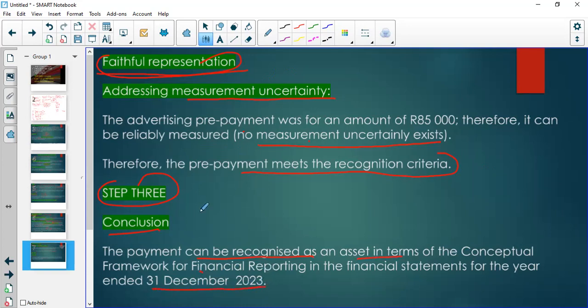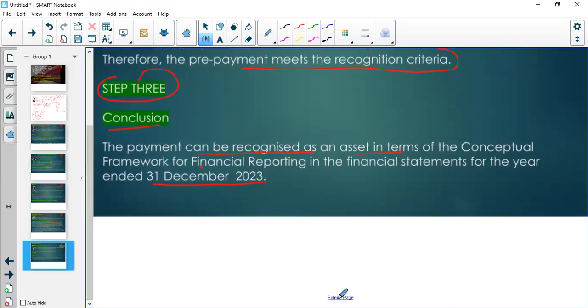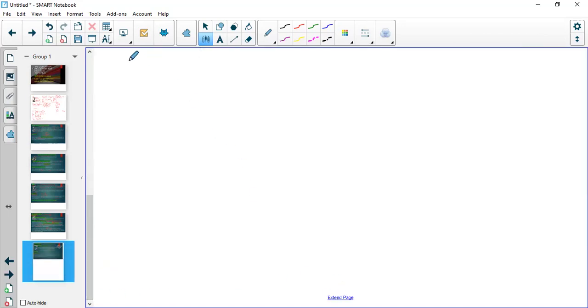Right? So what have we done so far? If I can remind you the things we've looked for. So the first step, we said step number 1 is to provide the definition of an asset and the recognition requirements. So the definition of an asset is a present economic resource, all right, controlled by the entity as a result of past events.